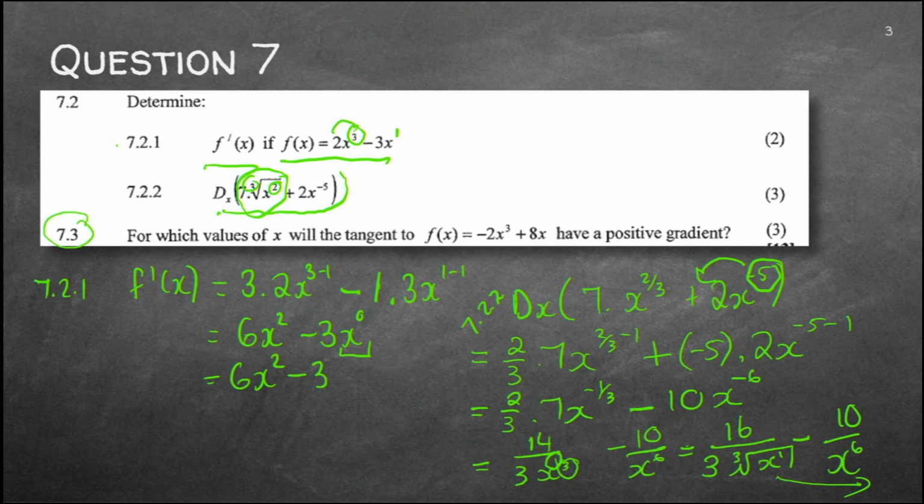7.3. For which values of x will the tangent to f(x) with that equation have a positive gradient? For a positive gradient, we expect the first derivative to be positive, larger than 0. So let's quickly jot that down. First of all, we have that f(x) is equal to negative 2x to the power of 3 plus 8x.